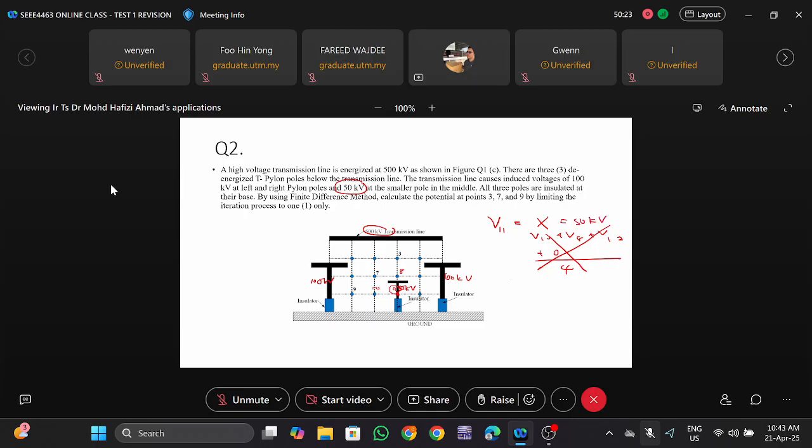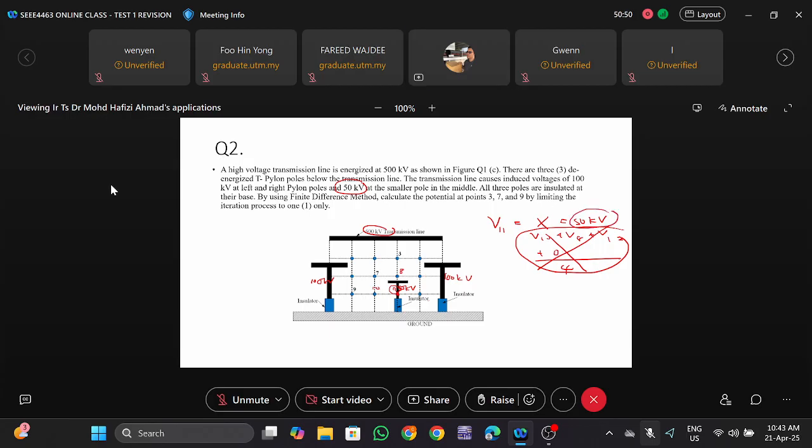Sometimes they ask you to search, and because this is a grid you might think you need to follow this formula, but don't do that. Because the pole is already energized at 50 kV, you just straight away put V11 is 50 kV.